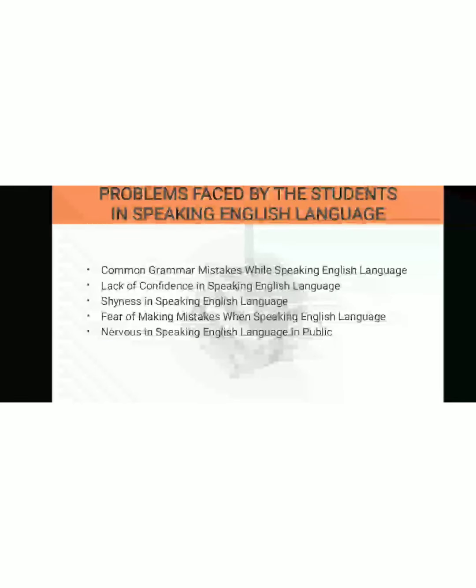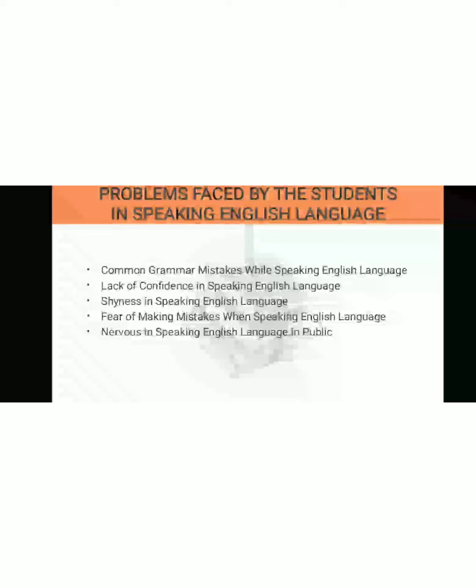Problems faced by the students in speaking English language. First, common grammar mistakes while speaking English language. Common grammatical mistakes mostly the students face in speaking. Learning English grammar is very difficult for students. In speaking English language mostly, the students make grammar mistakes.